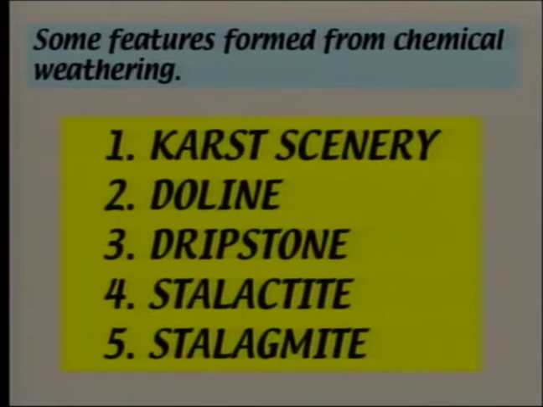Those would be the 5 features that I would like us to look at today, and your task is to identify those features and also define what those features are.